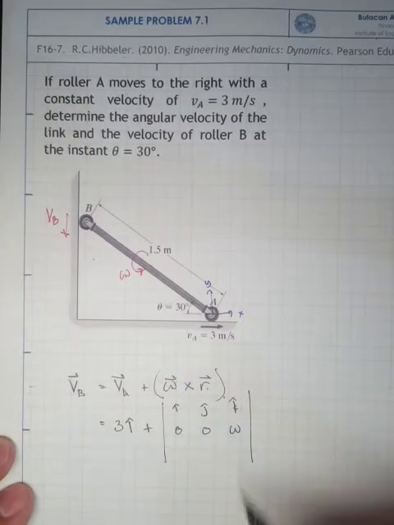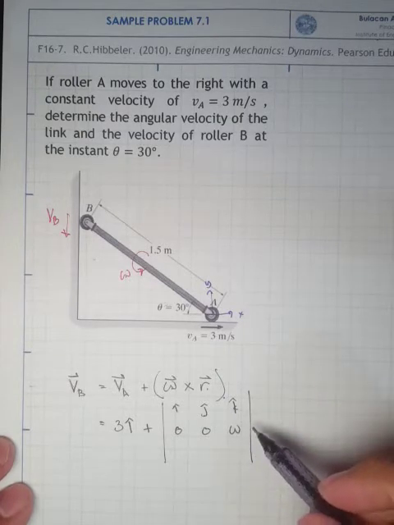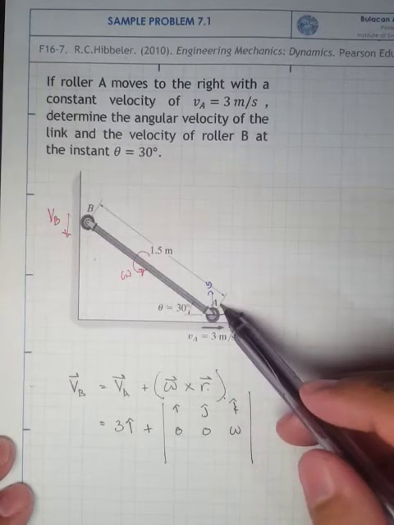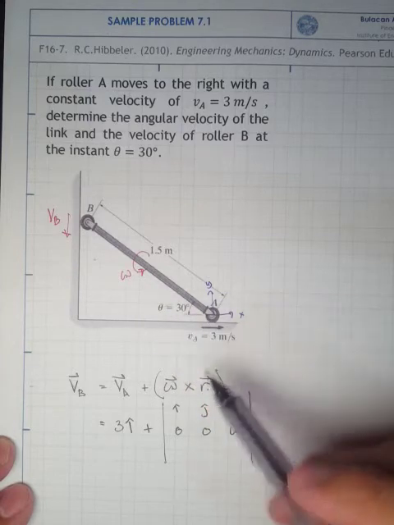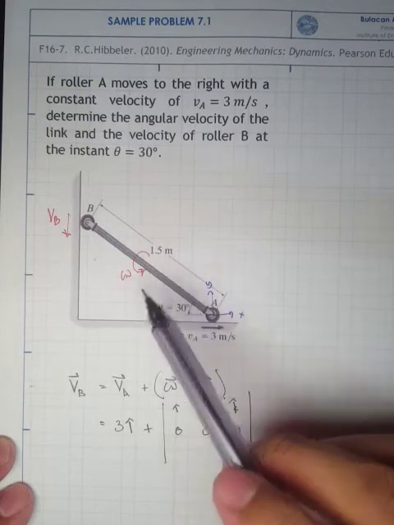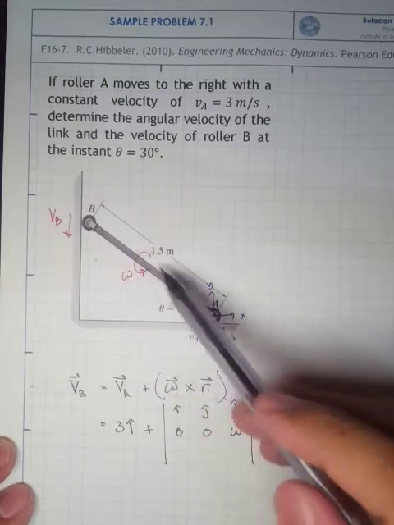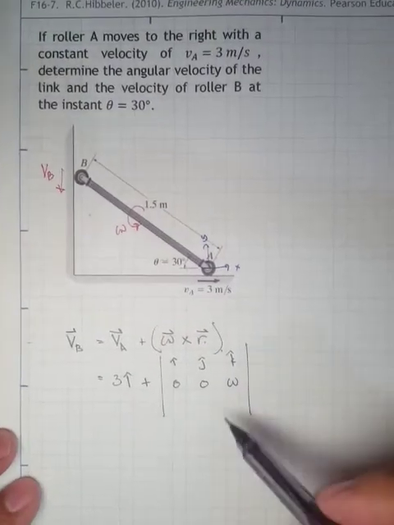So let's just put a symbol omega. For this case, we don't need the subscript AB because it's only one bar here, and just take note that this is the rotation of the link itself. All right, so moving on.